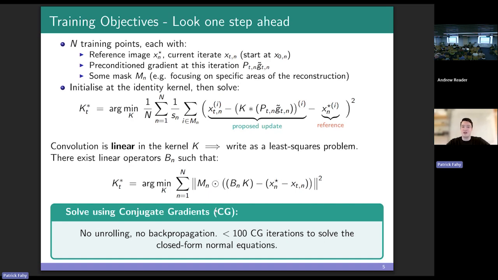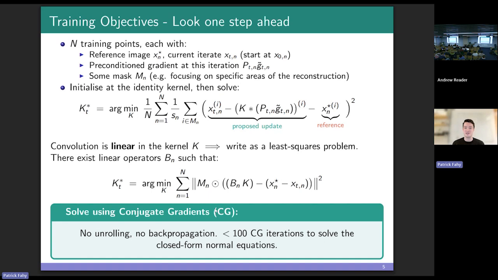We're at some current iterate xt, which we start at x0, but let's suppose we're at xt currently. We have access to this preconditioned gradient, which is from this MAJORS preconditioner. And let's suppose we have some mask. For each image, we're interested in a specific region. I think this may not make so much sense now, but I'll try and motivate it a bit more later.